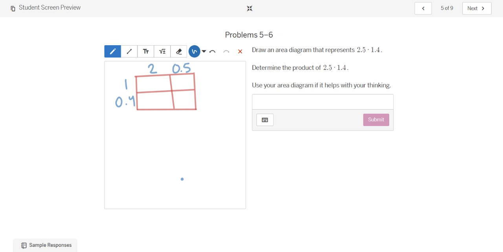Then I've got 2 times 1 is 2, 1 times this is really nice, 2 times this is 0.8. And then lastly, 4 tenths times 5 tenths is 20 hundredths. And then I would add those numbers up.